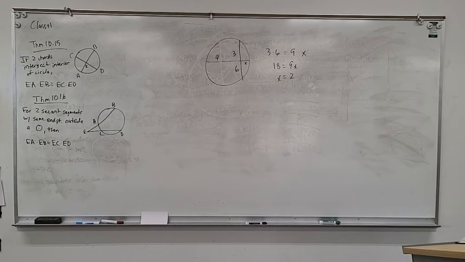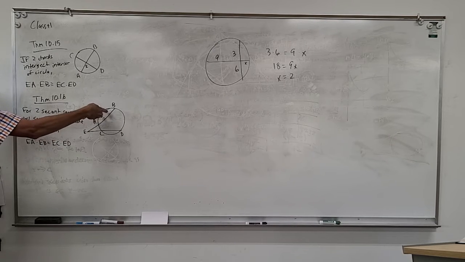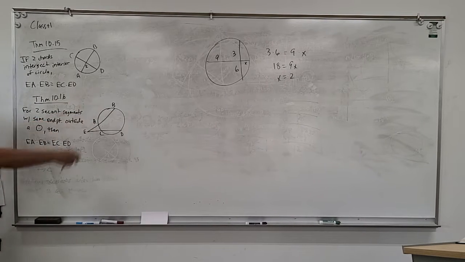So AB is a secant segment, but EA is a secant segment as well, right? It's just a segment that's external to the circle, and here's a segment of the secant that's internal to the circle.